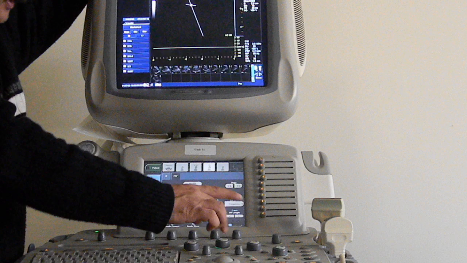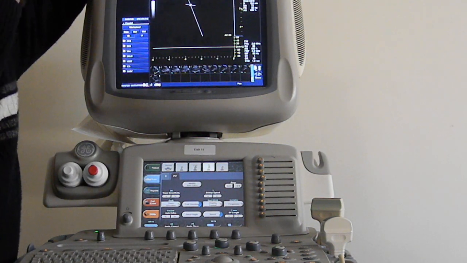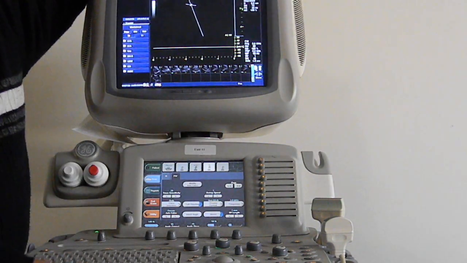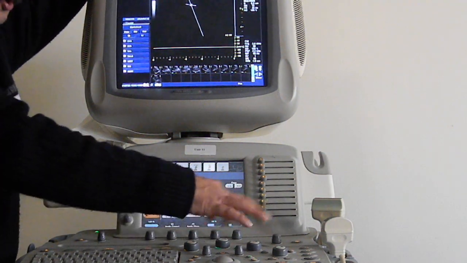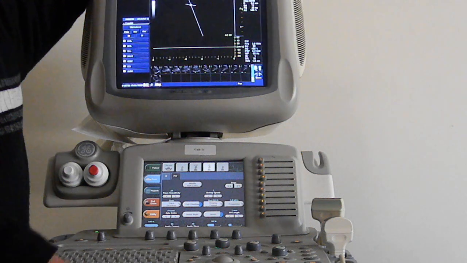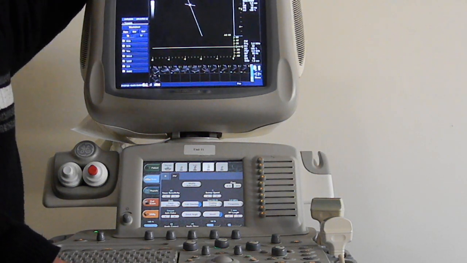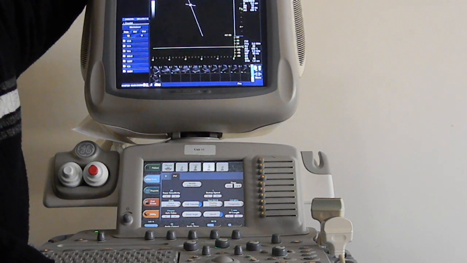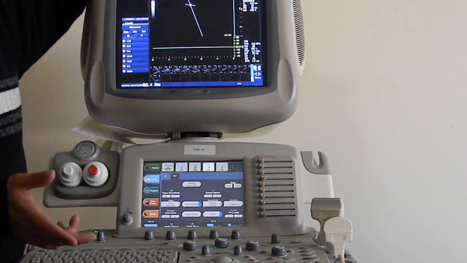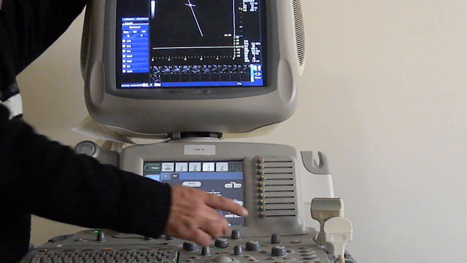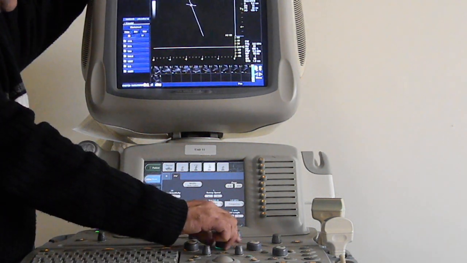And in pulse wave Doppler, they're going to have their own functions. So they will change as you turn on different modes. But this was your pulse wave Doppler. And now you don't hear anything. We can make something audible.